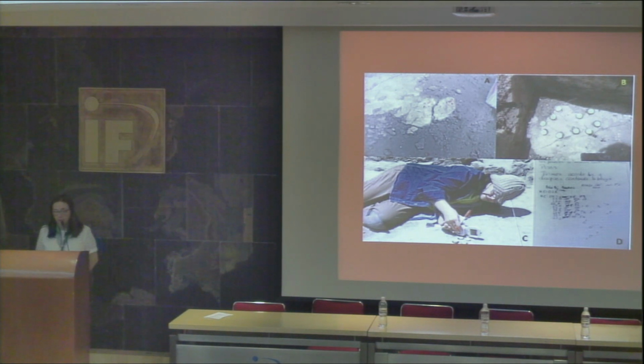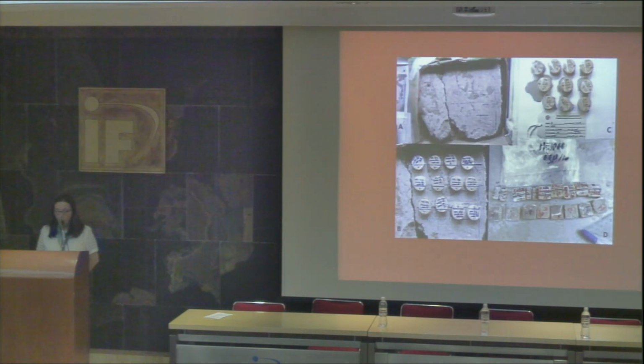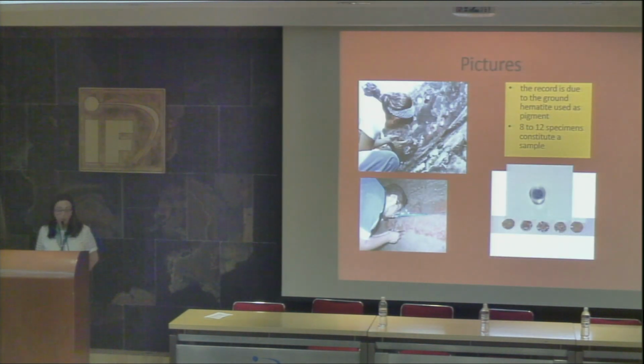We can take blocks or small specimens with the help of cylinders. All has to be oriented with a magnetic or solar compass. In paintings, when the red is made with ground hematite, we can obtain good dates too.